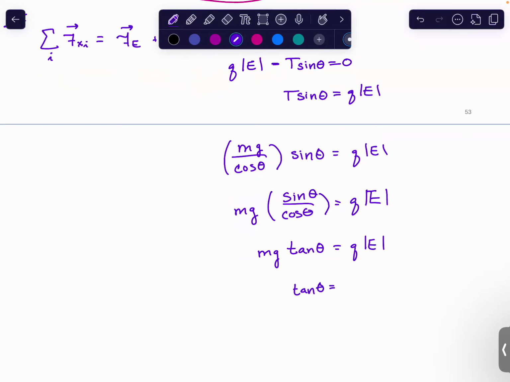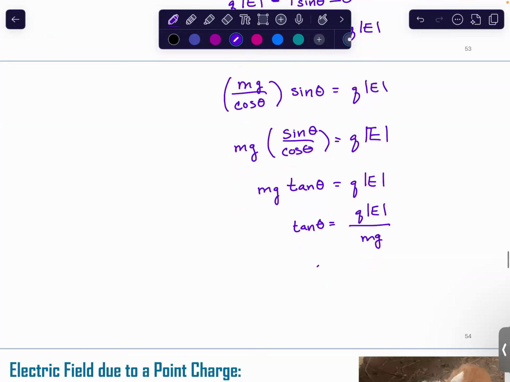Tangent theta equals QE over mg, and then theta, of course, is going to be the inverse tangent of QE over mg.